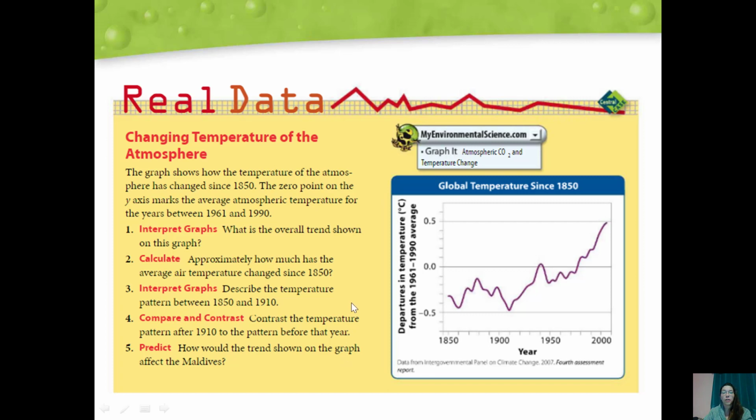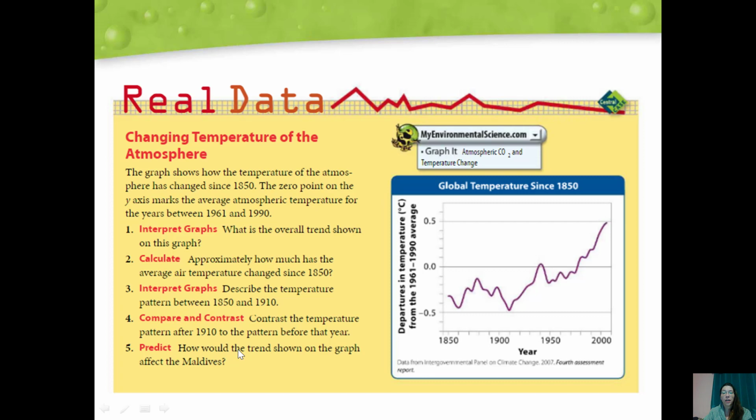Number 3, interpret graphs. Describe the temperature pattern between 1850 and 1910. So if we look at this area in here, we're going to say that the temperature trended up and then it trended back down.